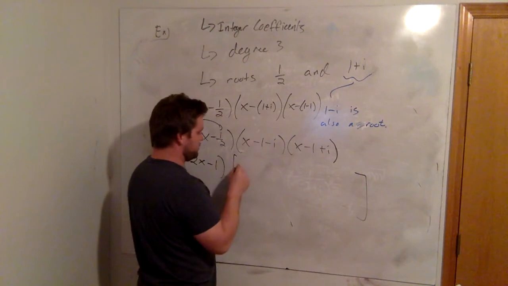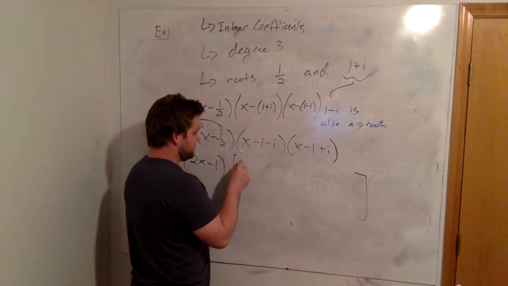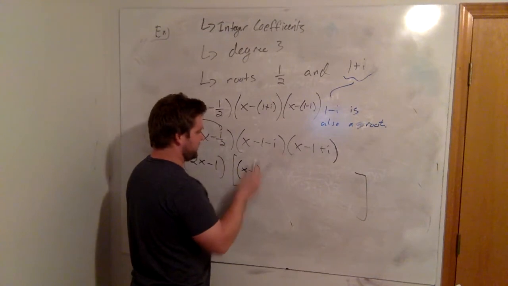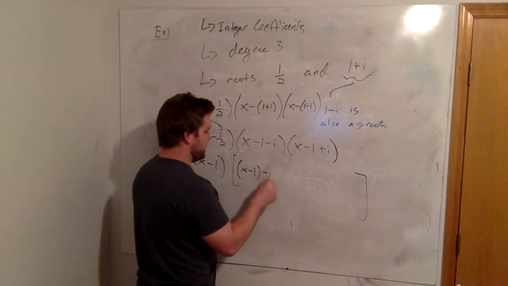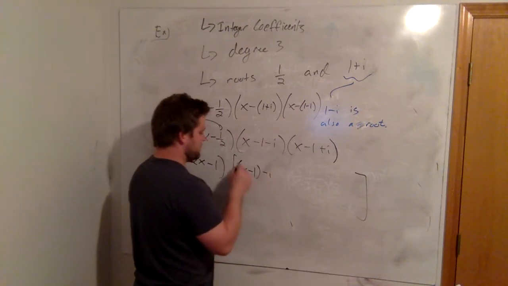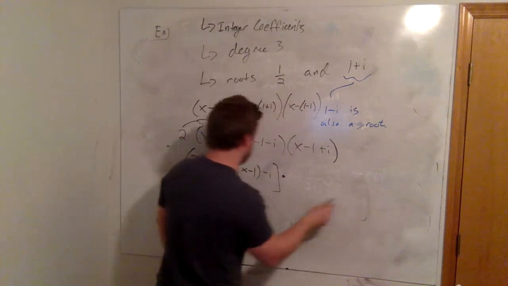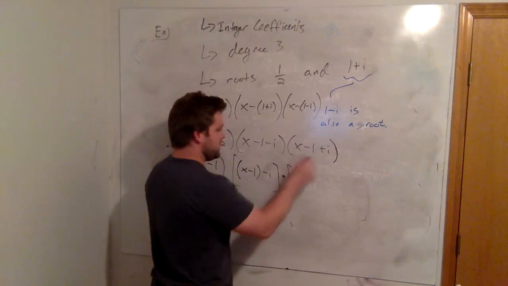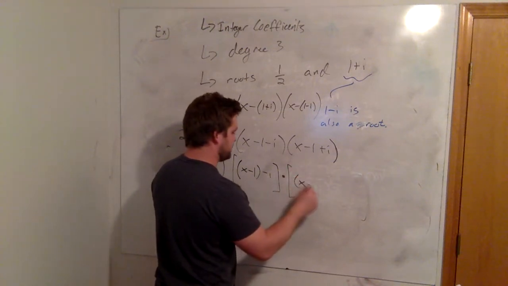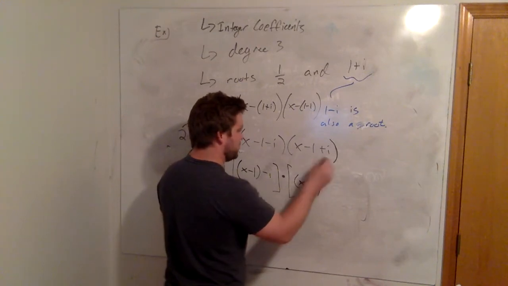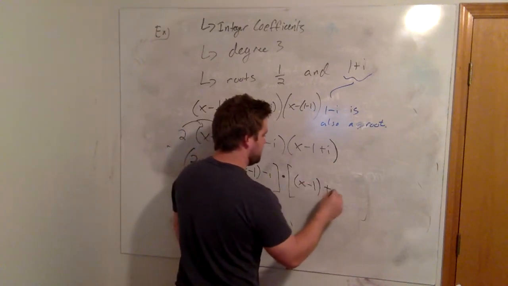Let's write this as x minus 1, and I'm going to group these together, minus I, times x minus 1, plus I.